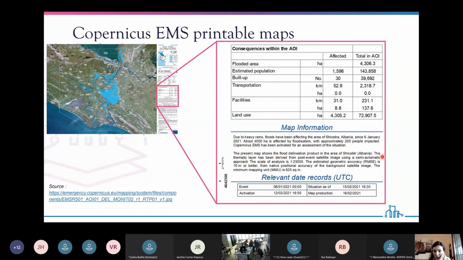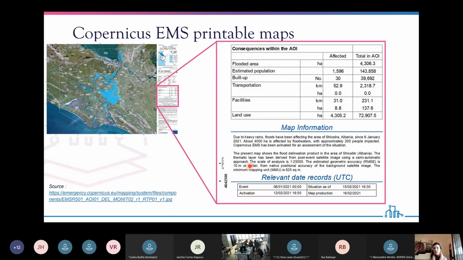Here you have details about the area of the town, the scale of the data that were available, and also the estimated geometric accuracy. So you expect that the positional detail of the elements of the map has a 10 meters accuracy.